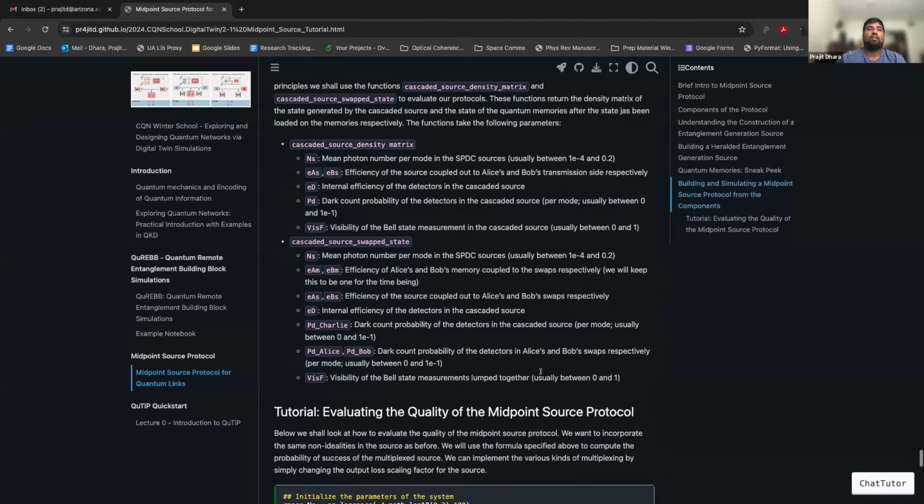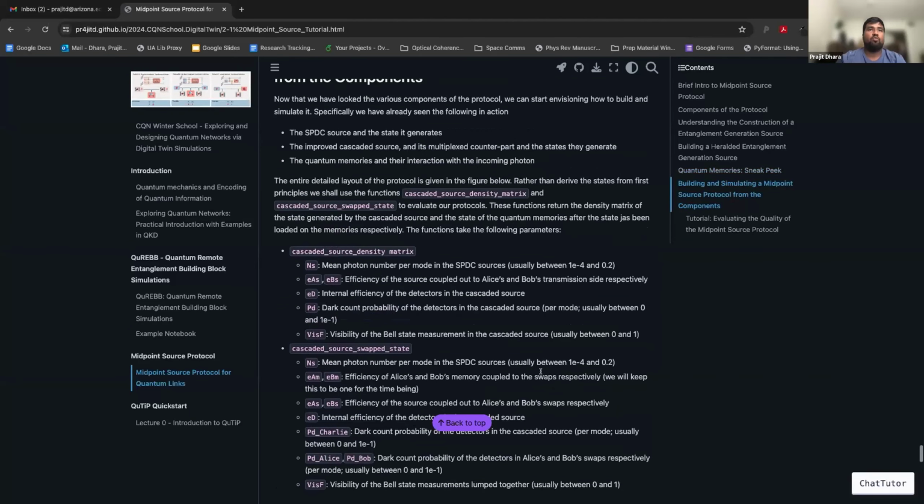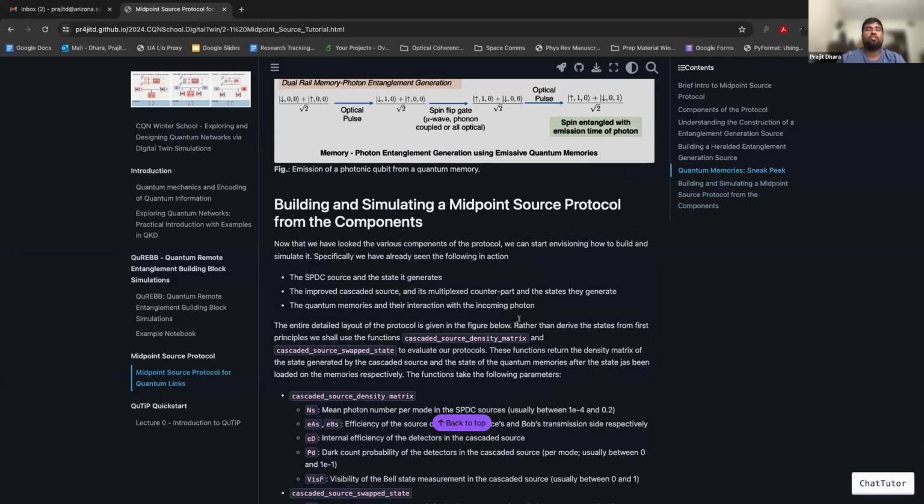Here, I will conclude by showing you a specific tutorial where I have the fully generated analytical density matrix that we are able to generate through some code in Mathematica, but is not something that we can discuss in the span of this 1 hour.